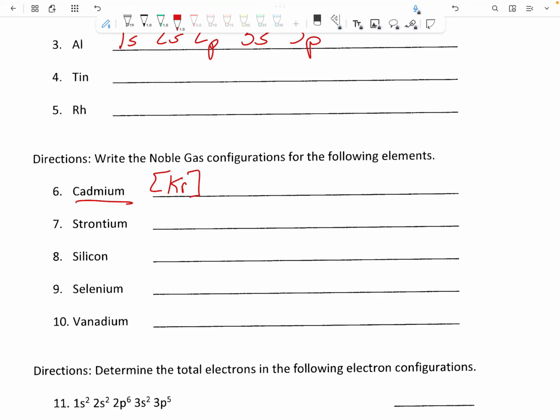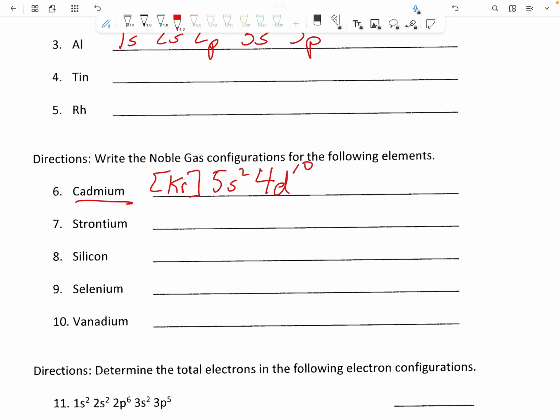So it would be krypton 5s2, and then it drops down to 4, so 4d, and if you count the number of elements all the way through, you get to cadmium, it would be 4d10, okay?